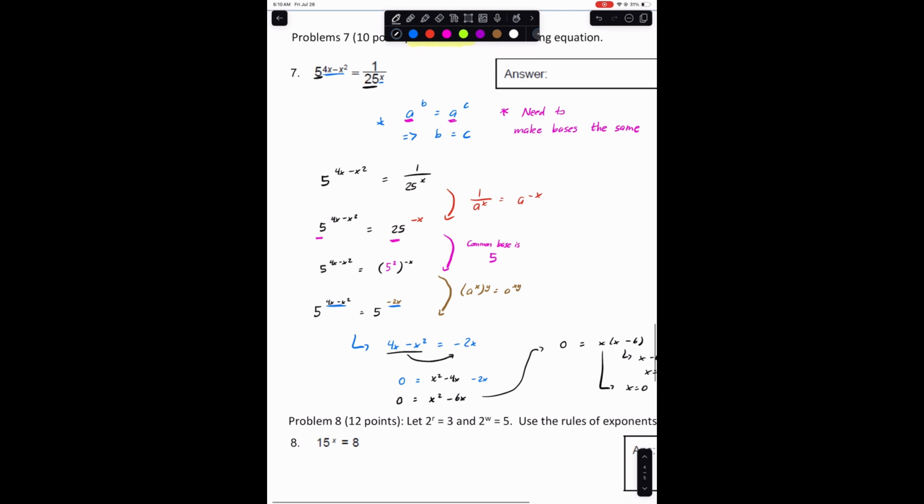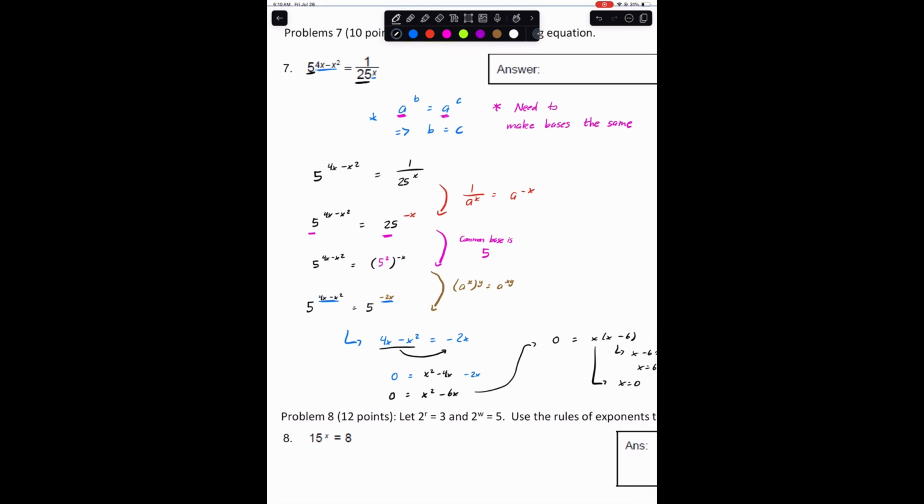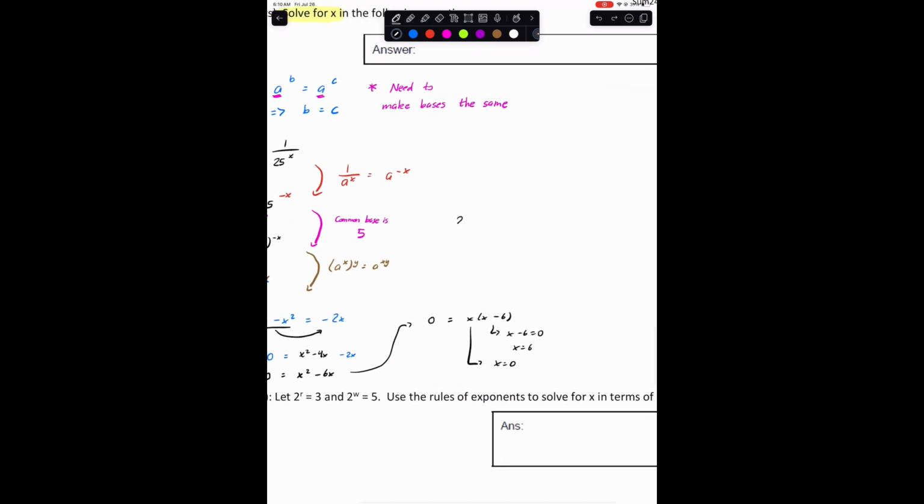If you look at the denominator, this is my only chance of restriction. But 25x equals 0 is actually no solution. So there's no solution for x, or DNE, does not exist, right?